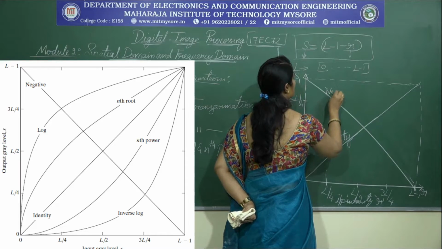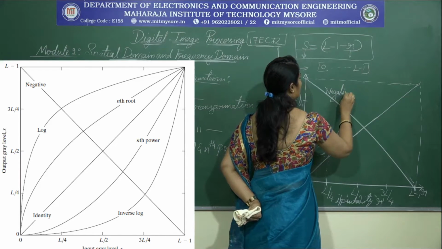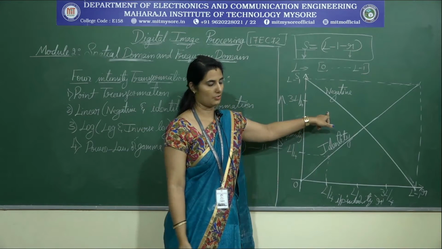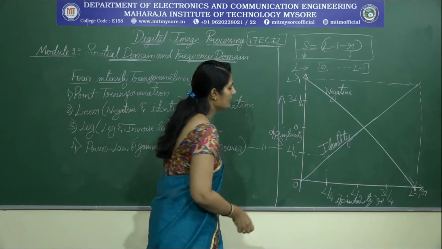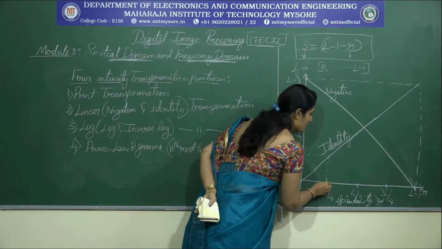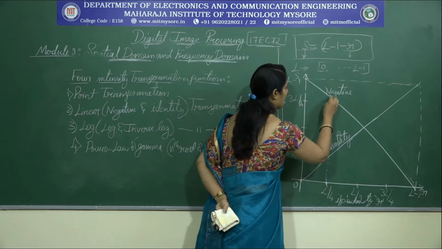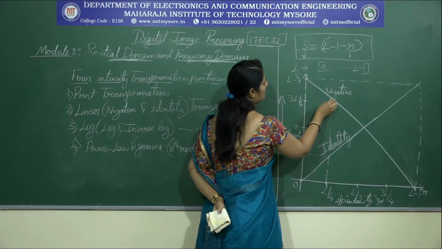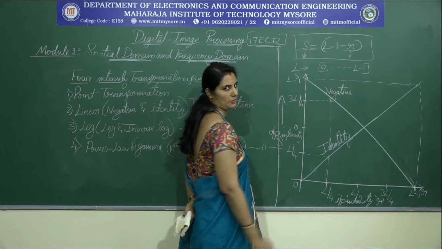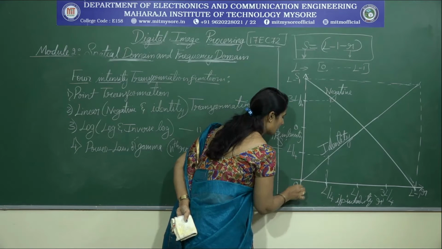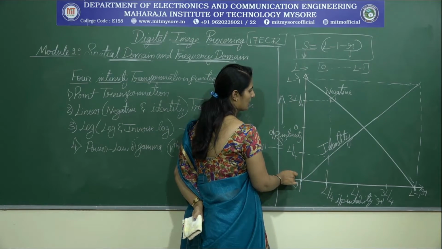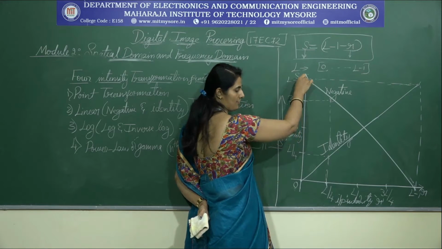This line represents the negative transformation. That means if the input intensity value is L by 4, then the output intensity value is 3L by 4. Or if the input intensity value is 0, then the output intensity value correspondingly is L minus 1.